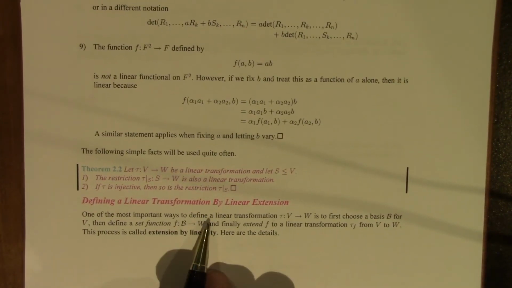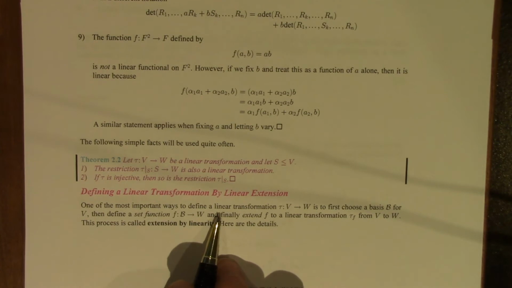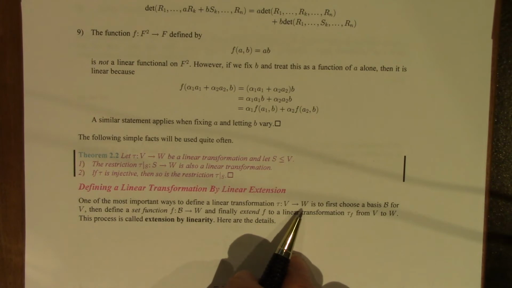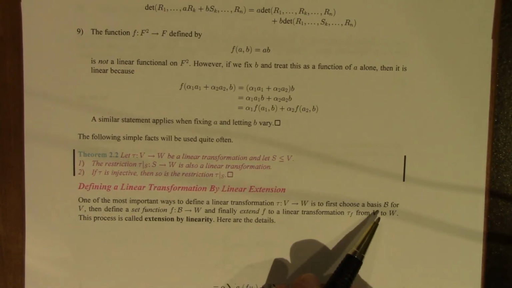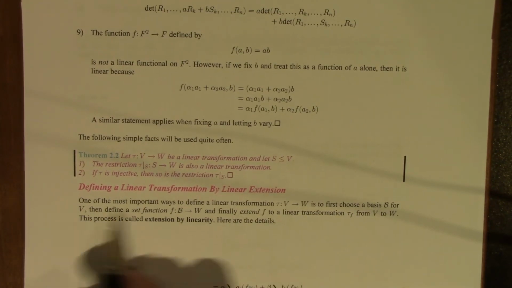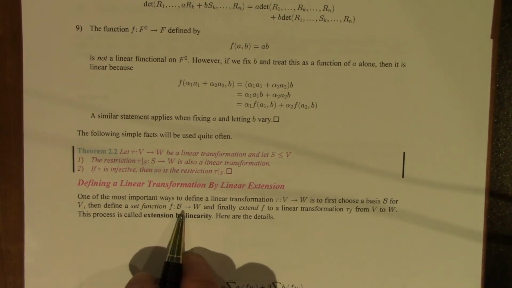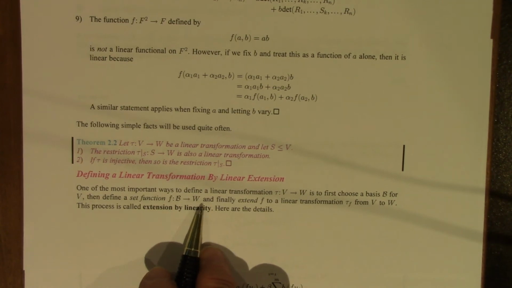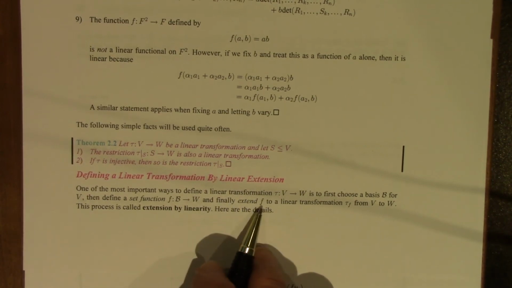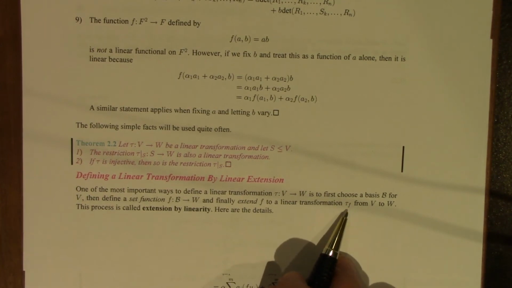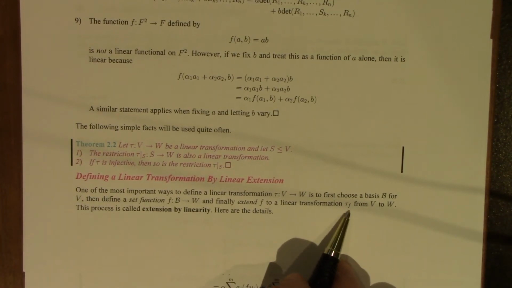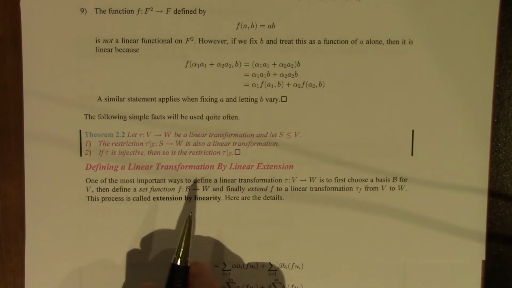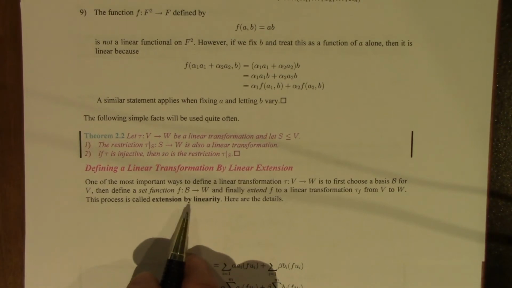One of the most important and most common ways to define a linear transformation tau from V to W is to first choose a basis B for V, and then define a set function f from B to W. And finally, extend that set function to a linear transformation, which I'll denote by tau sub f, because it depends on f, from V to W. This process is called extension by linearity.